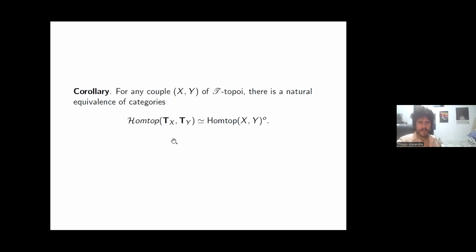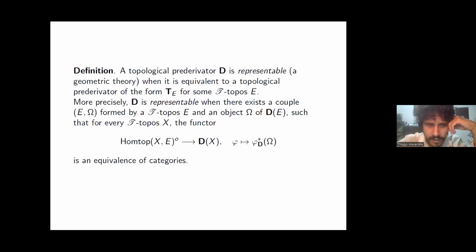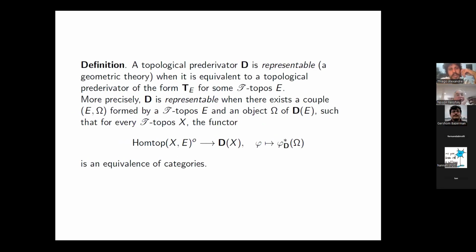Okay, so here, as a corollary, we have this equivalence of categories, right? And actually, we can say that these representable topological prederivators are just the geometric theories, in the logical sense. From the logical perspective, they correspond to the topological prederivators given by a geometric theory.